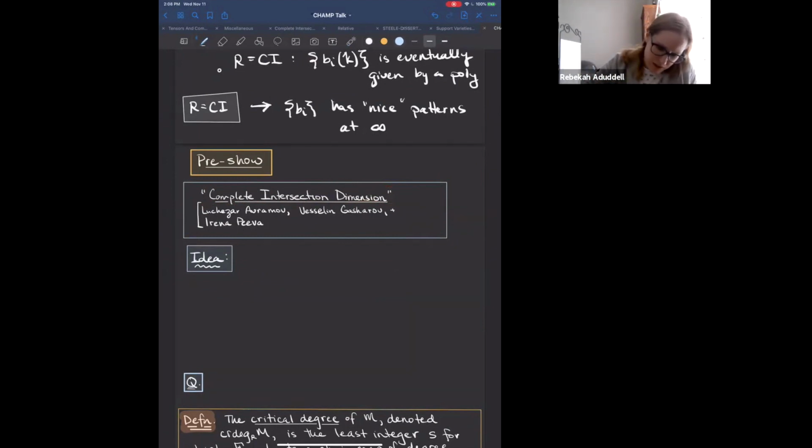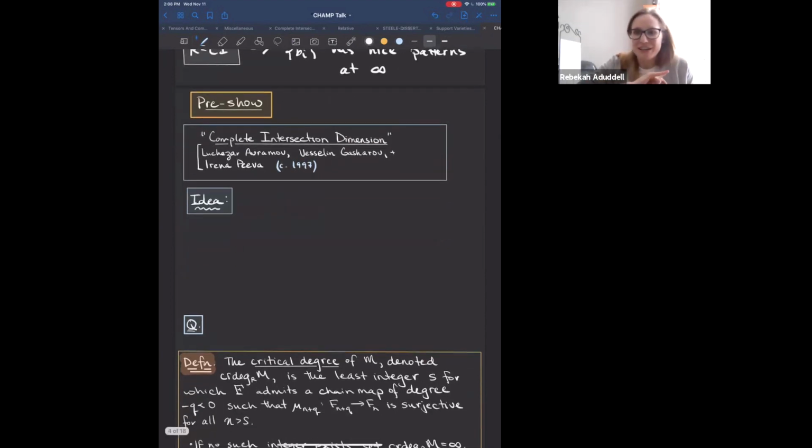I believe it was circa 1997, when I was really young and not thinking about these topics. I want to give the main idea, not in super specific detail. There was this notion of CI dimension, which they defined, which was the main star of this paper.